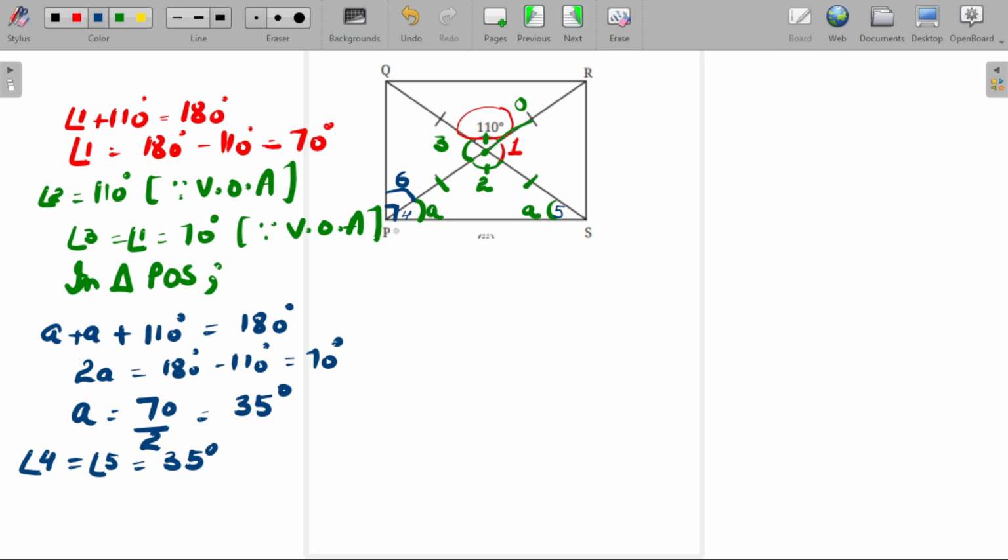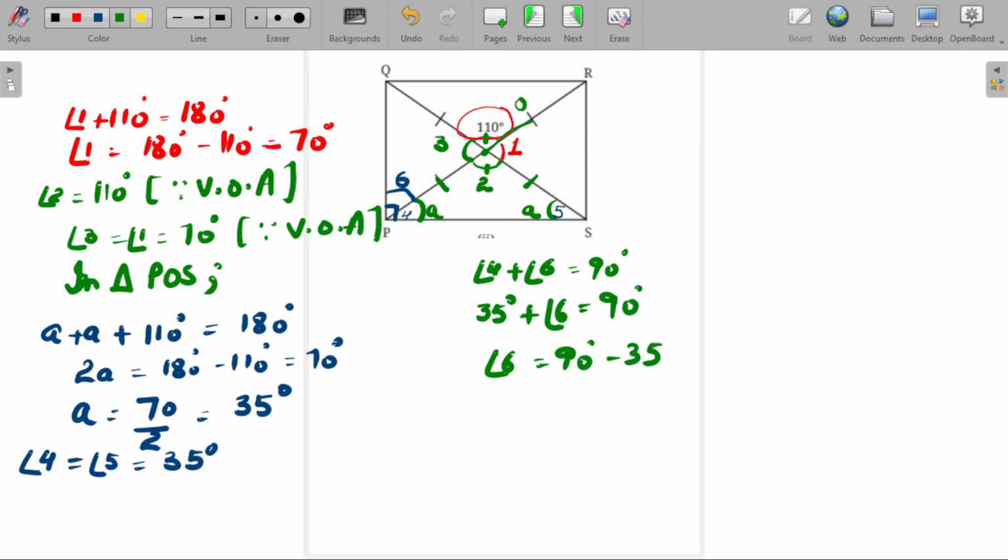If one part is 35 degrees, the other part will be 90 minus 35 degrees. So angle 4 plus angle 6 is equal to 90 degrees. Angle 4 is already 35 as you have solved, and angle 6 will be 90 degrees minus 35 degrees. See, angle 6 will be 55.